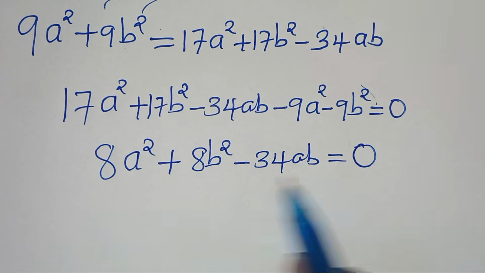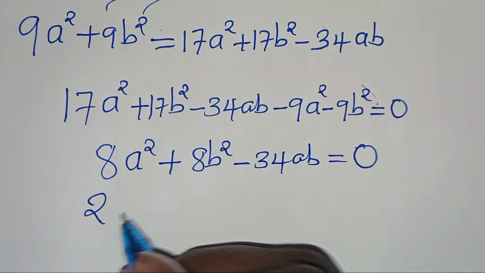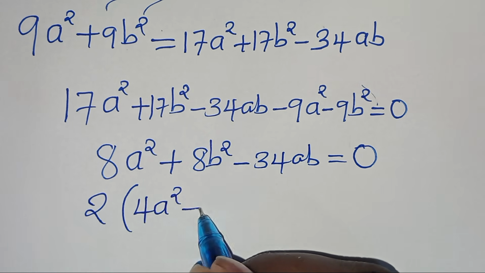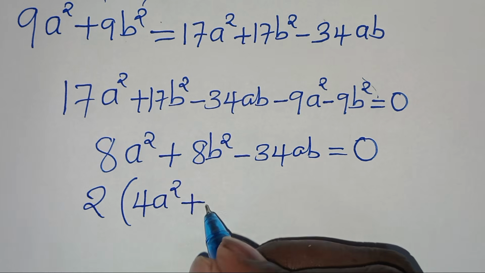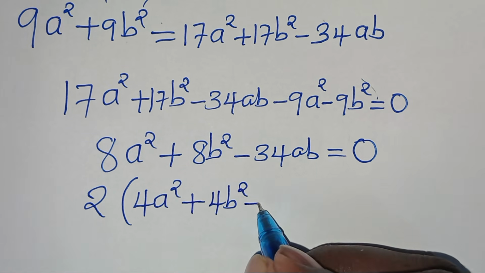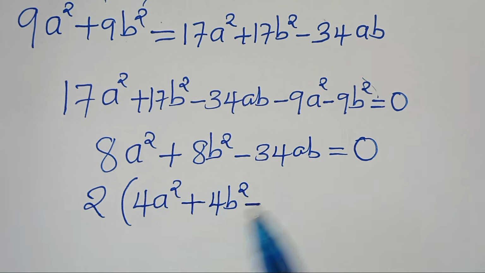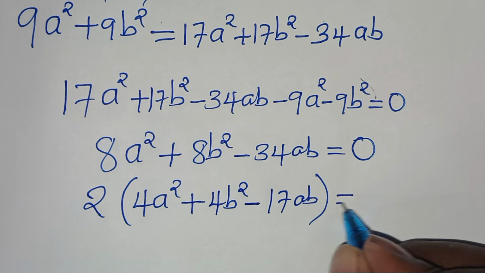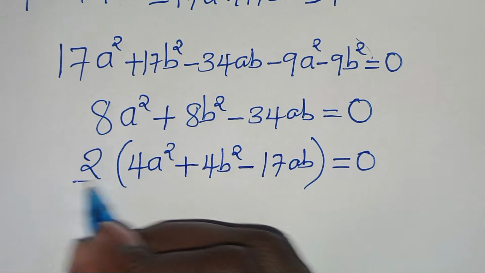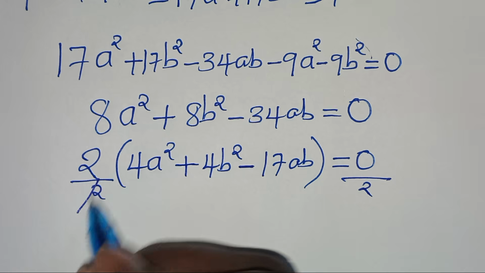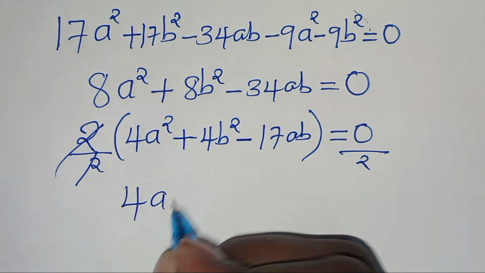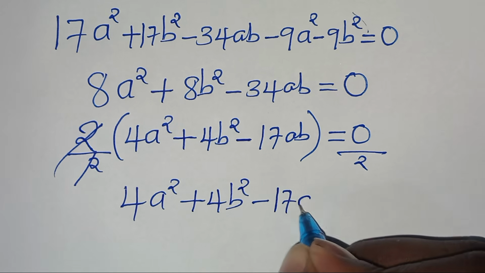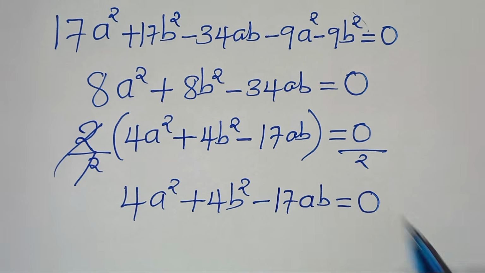Now we have that 2 is common here, so we can factor out 2 so that we have 8a squared divided by 2, this is 4a squared, then plus 8b squared divided by 2, this is 4b squared, then minus 34ab divided by 2, this is 17ab, close the parentheses, this is equal to 0. So we can divide both sides by 2, so that now we have 4a squared plus 4b squared minus 17ab equal to 0.